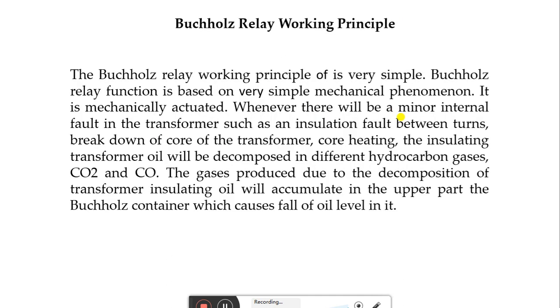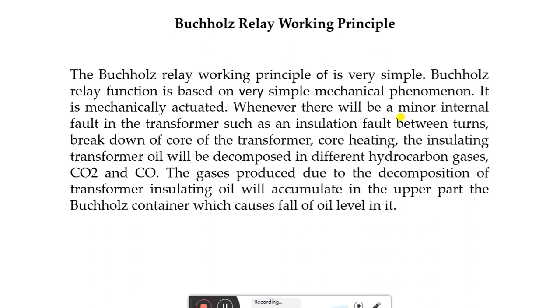So, Buchholz relay working principle. As we say, the Buchholz relay working principle is very simple. The Buchholz relay function is based on a very simple mechanical phenomenon. It is mechanically actuated.